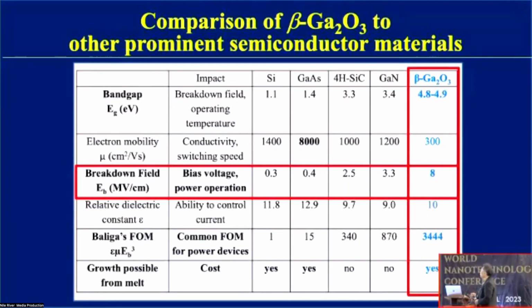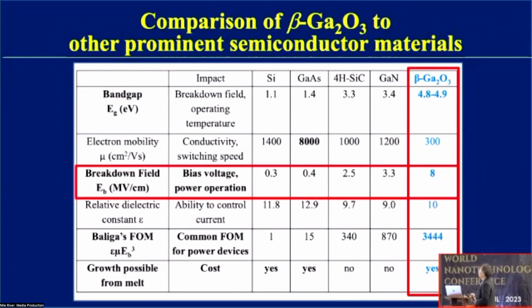This table shows a comparison of beta-type gallium oxide to other prominent semiconductor materials: silicon, gallium arsenide, silicon carbide, and gallium nitride. As you can see, beta-type gallium oxide shows a wide band gap of 4.8 to 4.9 electron volt. And please note the breakdown field.